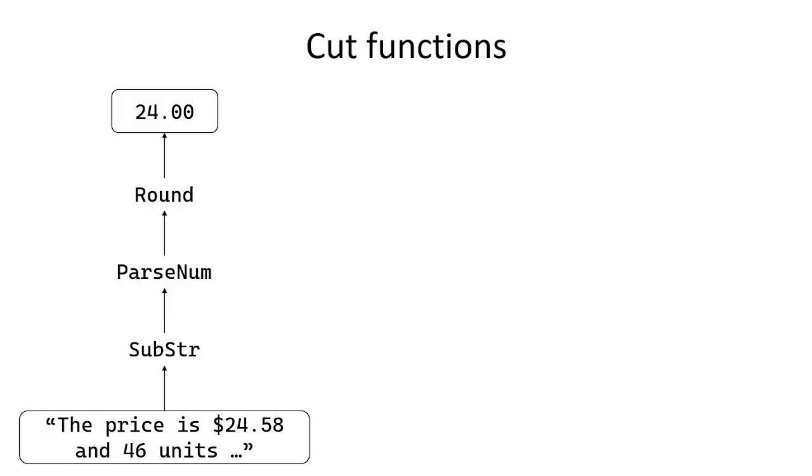So we have introduced this notion called cut functions. If you think about this pipeline going from the input to the output, starting from the top, you get an infinite width tree. Starting from the bottom, you get a really large tree. But there is somewhere in between where the width is very bounded.